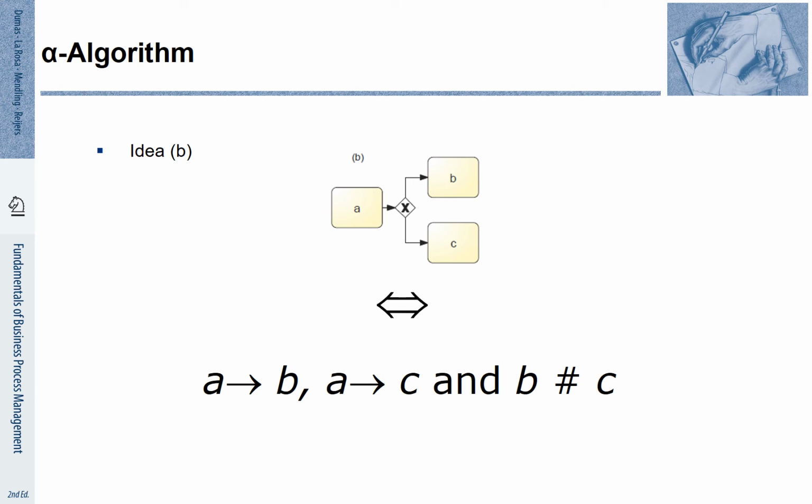In order to identify gateway structures, we have to look at least at 3 relationships in combination. For an XOR split pattern, we need to identify the relationship between A, B, and C in such a way that A causally leads to B, A also causally leads to C, and that B and C are unrelated.